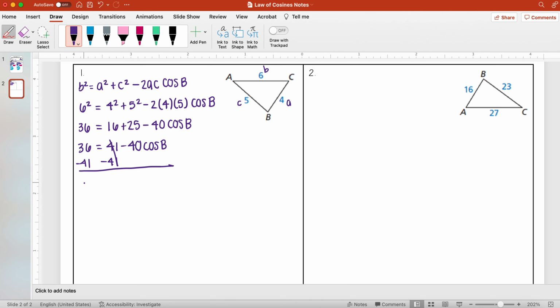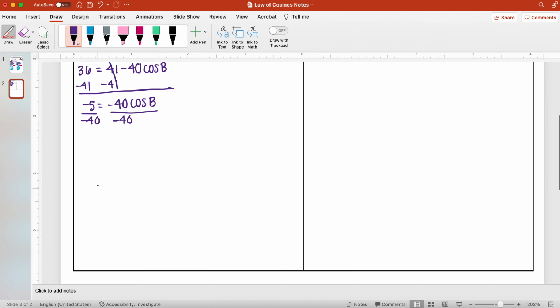And I get negative 5. Then I'll divide both sides by negative 40. And so the negatives cancel out, so I'm left with 5 over 40 on the left-hand side is equal to cosine of B. And then I can take the inverse cosine from here. So I have cosine inverse of 5 over 40, cosine inverse of B.